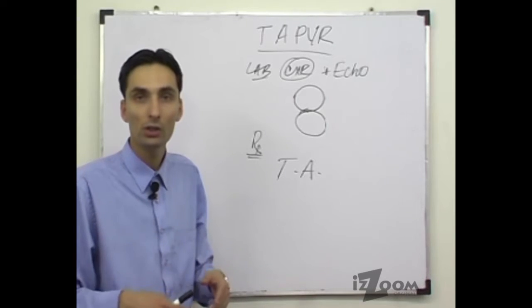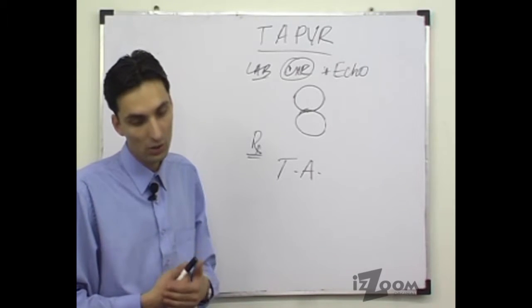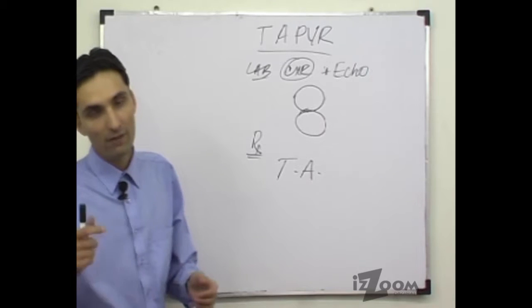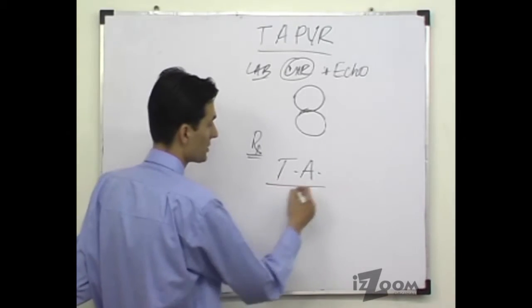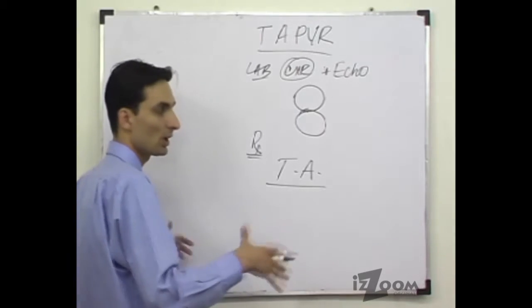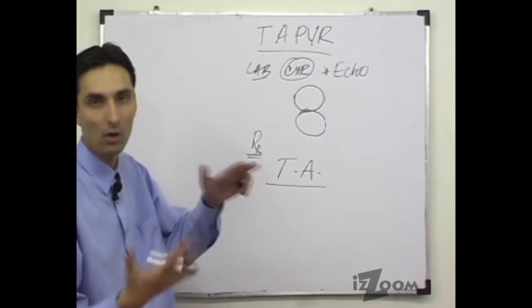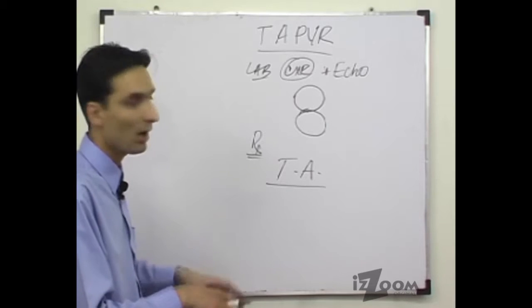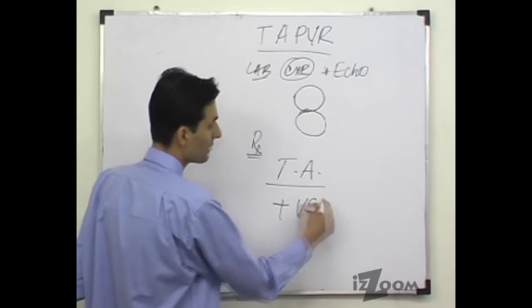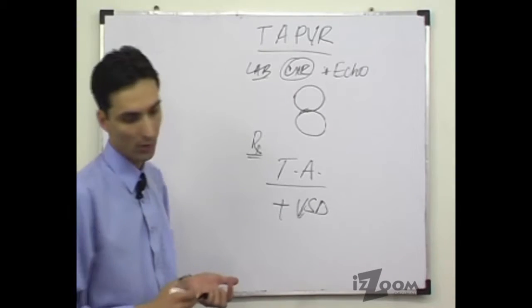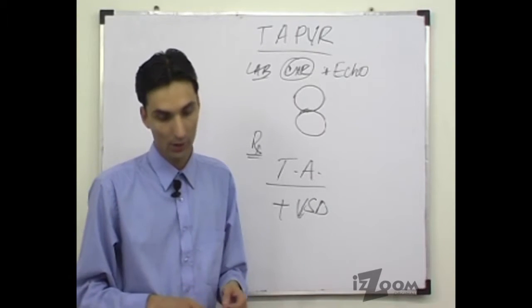So they are not divided. And in addition to that, they have a ventricular septal defect which is always present with Truncus Arteriosus.